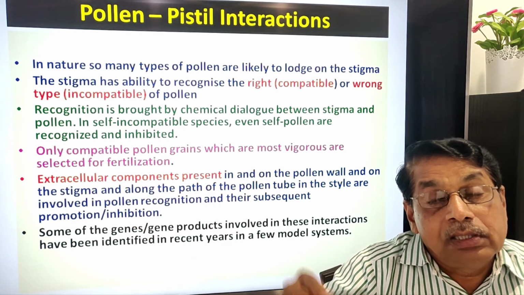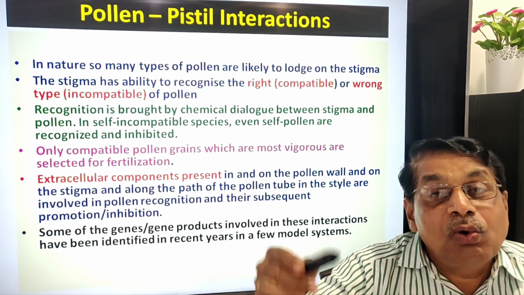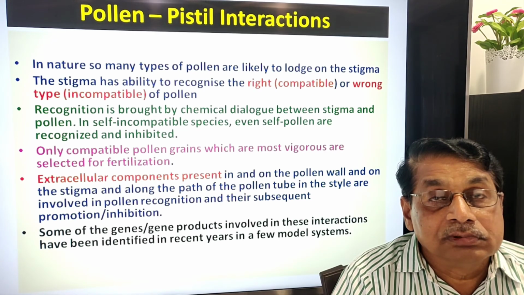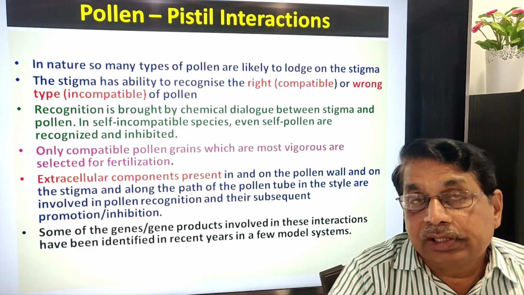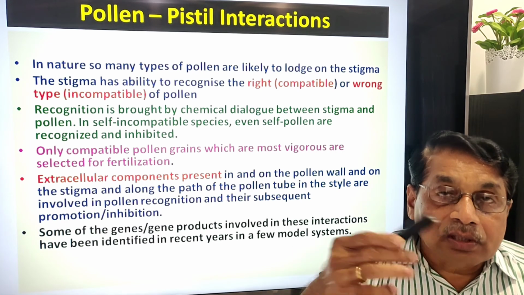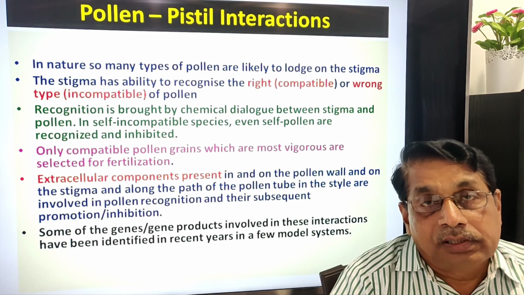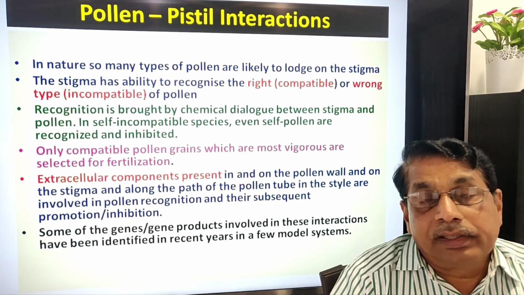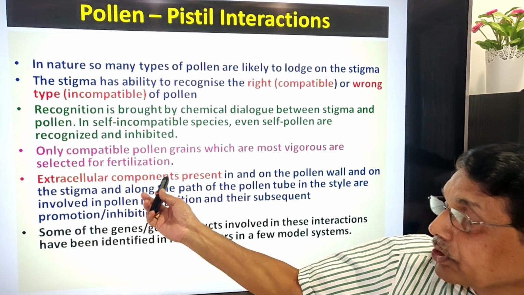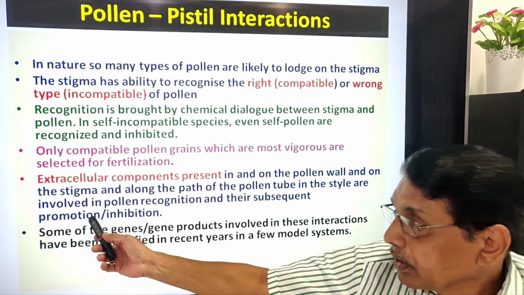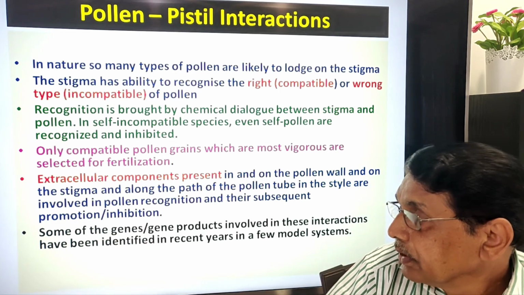Thus, the female part selects its own pollen grains. Very interesting phenomenon. It will not allow the others to germinate and allows only the preferred one, its own one, or selectively it selects the pollen grain. Extracellular components may also either promote or inhibit.